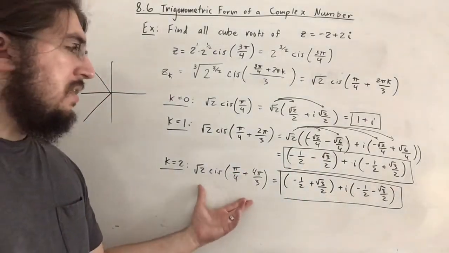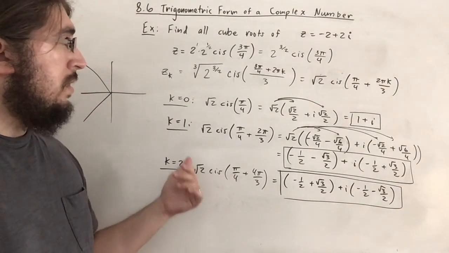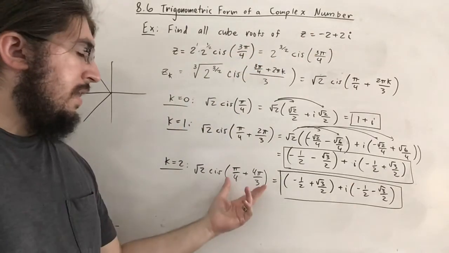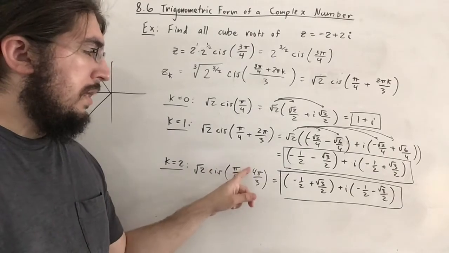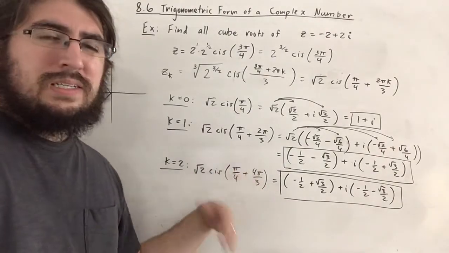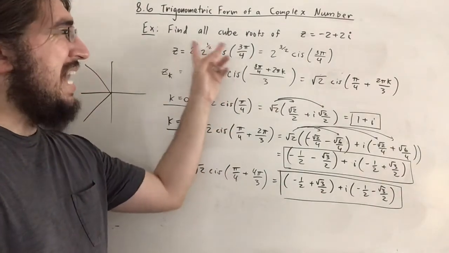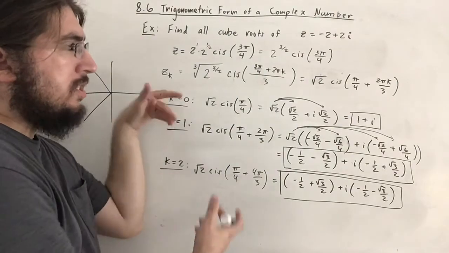So if you take this to the third power, radical 2 to the third is radical 8, which will just give you basically the modulus of this. And then if you multiply this by 3, you get 3 pi over 4 plus 4 pi, which is coterminal to 0, so you just get 3 pi over 4.